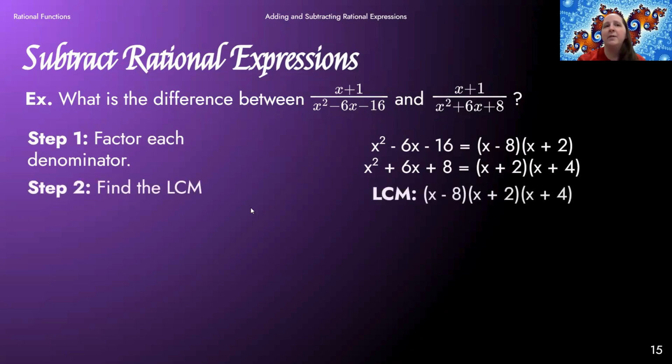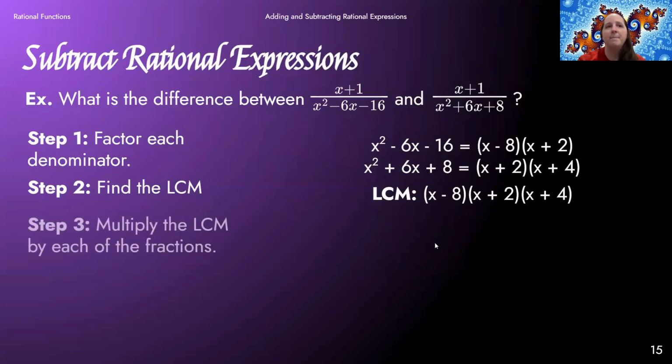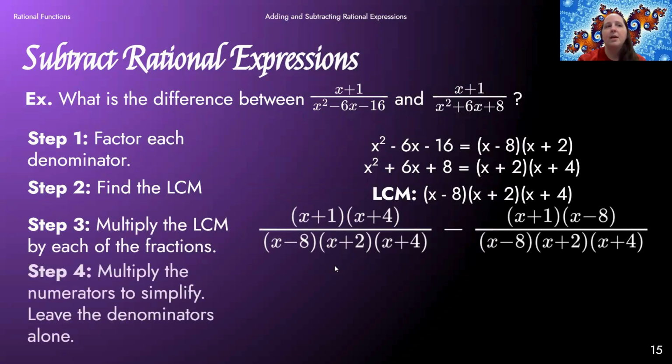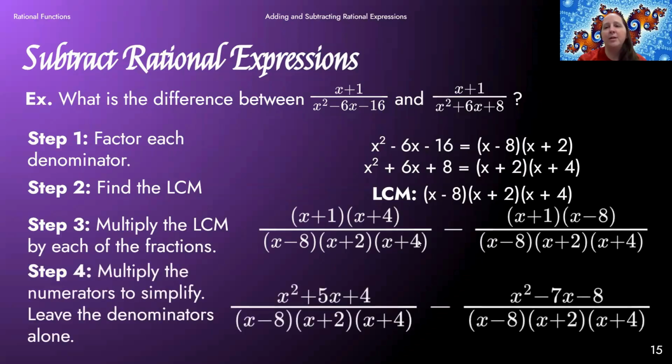Again, I'm going to find my LCM, my least common multiple. I have that x minus 8. They both have an x plus 2 in common and an x plus 4. I multiply the LCM by each of my fractions, and then I multiply my numerators together. So again, I did x times 4, 1 times x, 1 times 4. I did the same thing on my other fraction.